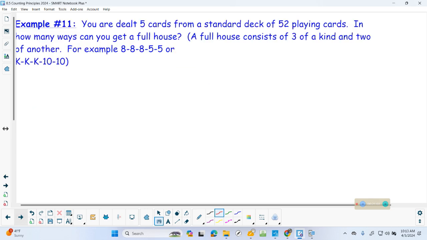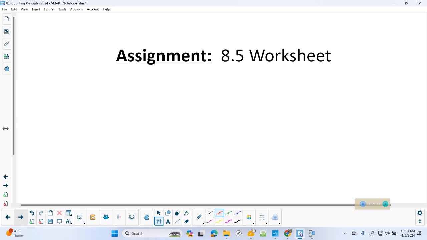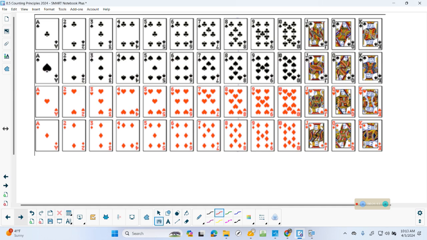Okay, let's talk cards here. How good are we with cards? I don't expect everybody to know what's in a deck of cards. Not everybody plays cards. I am going to post a picture of this on Google Classroom. You will be provided this picture if you need it on a quiz or test, just for the record.